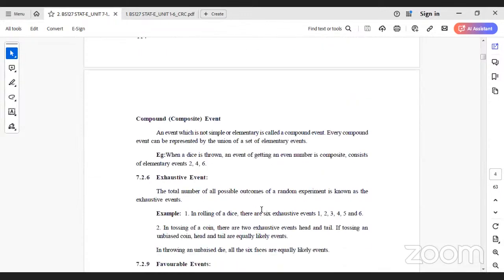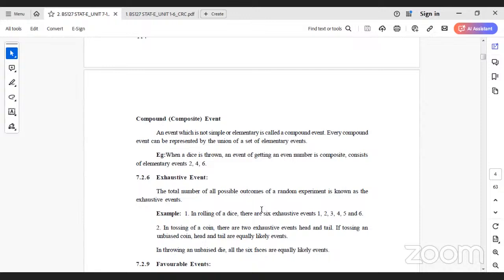Compound or composite event: an event which is not simple or elementary is called a compound event. Every compound event can be represented by the union of elementary events, for example the elementary events 2, 4, 6.